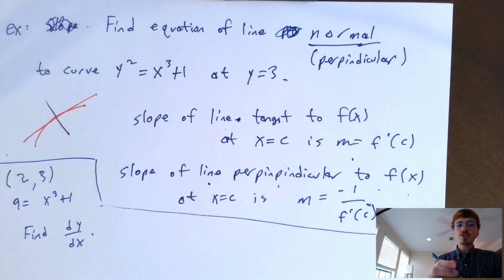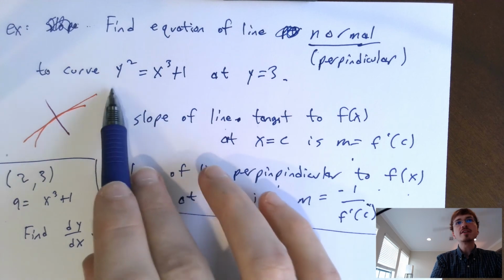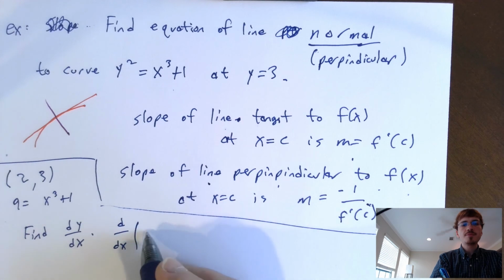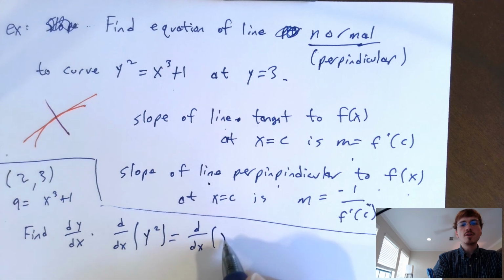Okay, so to find dy/dx, we're going to differentiate this equation with respect to x on both sides. So we have d/dx of y squared equals d/dx of x cubed plus 1, right?